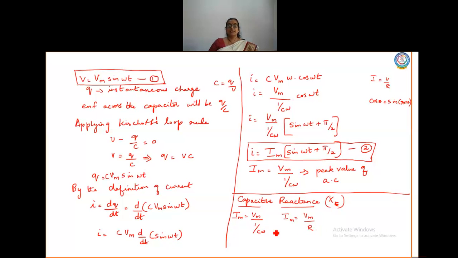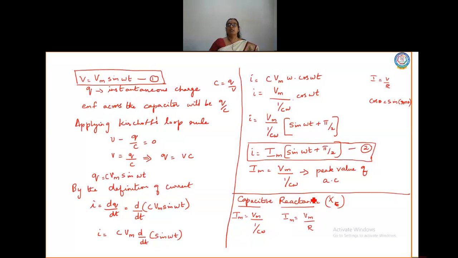But in the case of capacitive reactance, whenever there is a change in the frequency, since we connect an alternating source, the alternating current changes its direction for every half cycle. So we talk about frequency. In a resistive circuit, if there is any change in frequency, it does not change. But here, if there is an increase in frequency, definitely this will react.